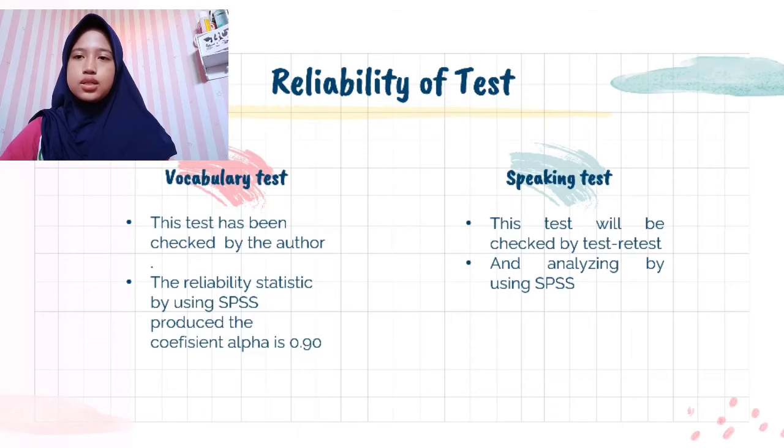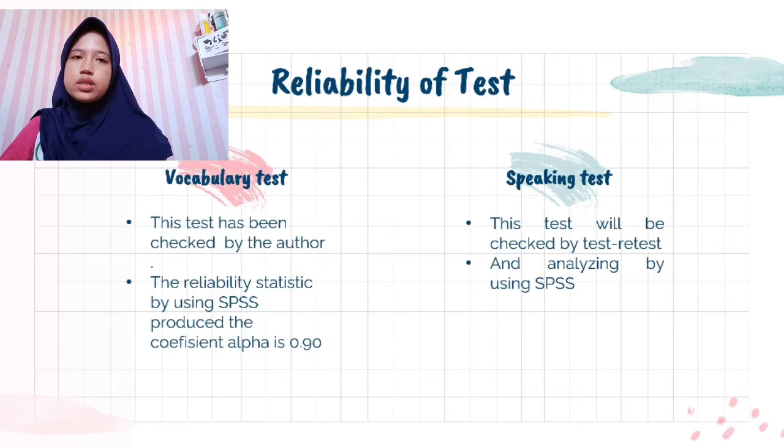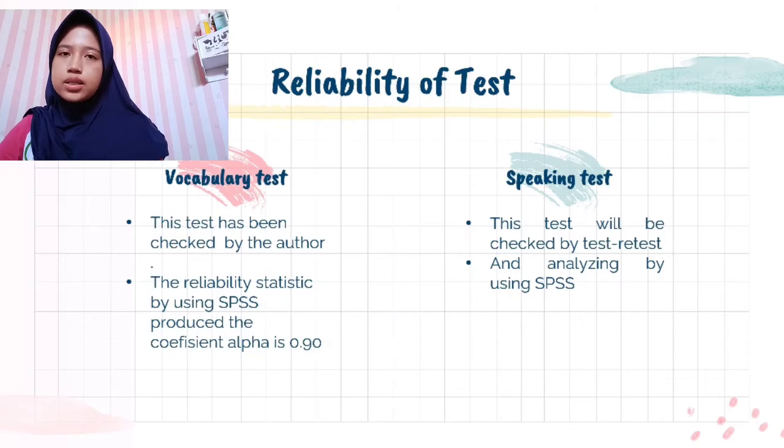For the reliability of the vocabulary test, it has been checked by the author through retest twice, and after that she checked the reliability statistic using SPSS, and the result produced a coefficient alpha of 0.90, while the coefficient alpha standard was 0.60.